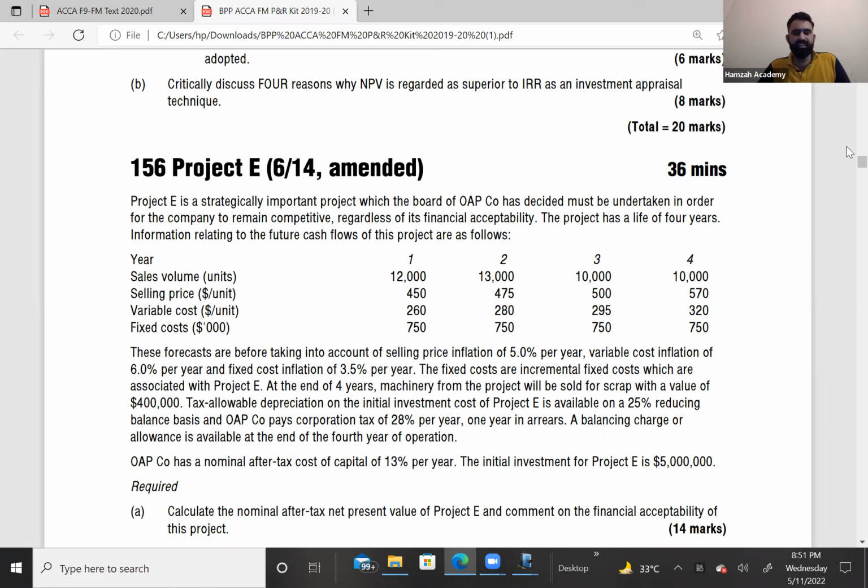Please read the question carefully. I'm giving you 5 to 10 minutes. Then I will perform the calculation on a spreadsheet, and you can relate that to the proforma.